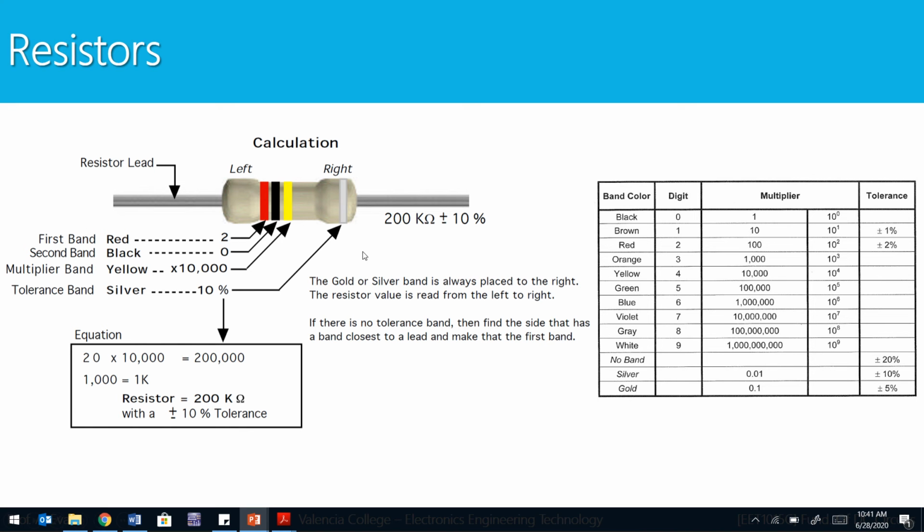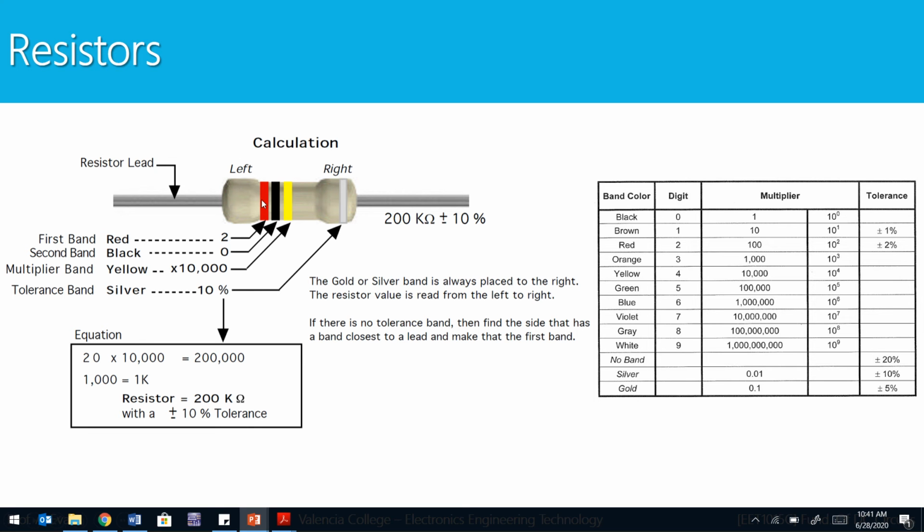In the example on the screen, you can see that there are some bands across the resistor. We have red, black, yellow, and then a silver band all the way to the right. Whenever you have a resistor with 4 bands, the first 2 bands represent the digits. Each color that you see is represented by a digit.